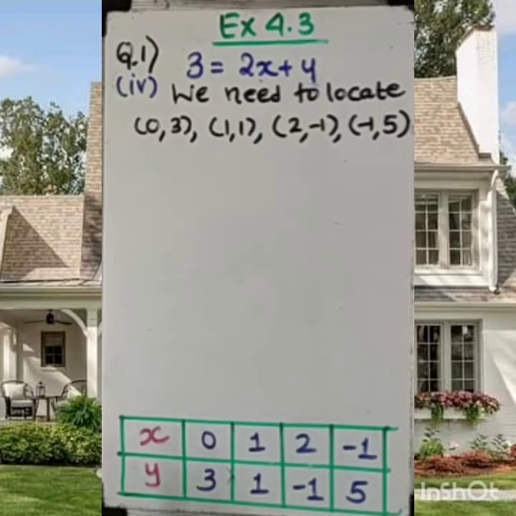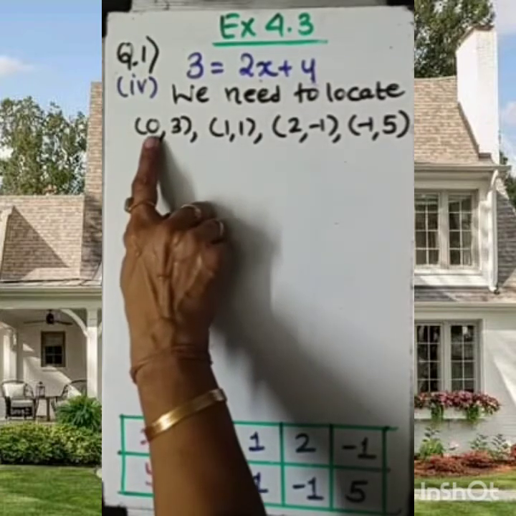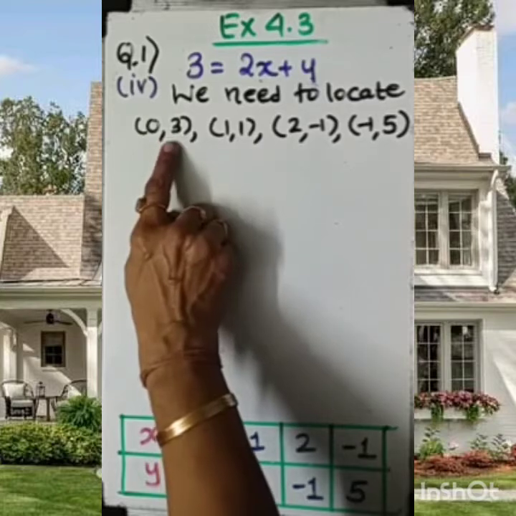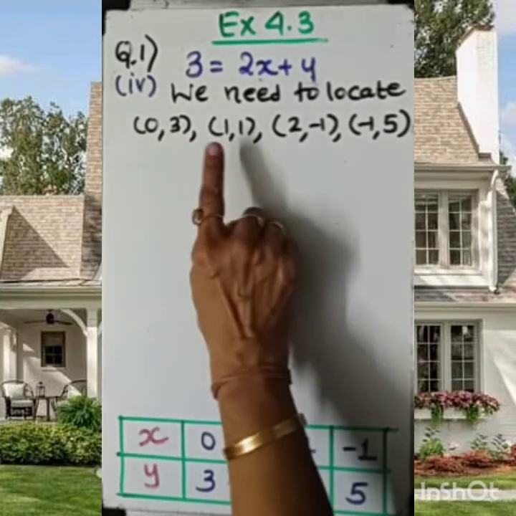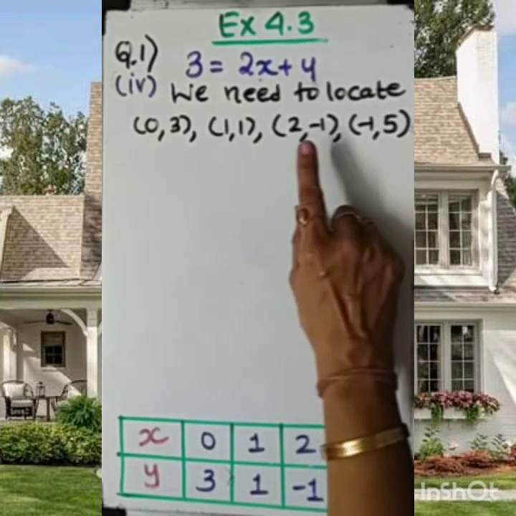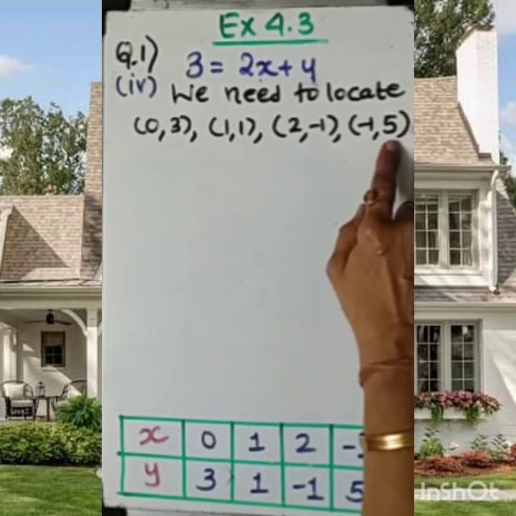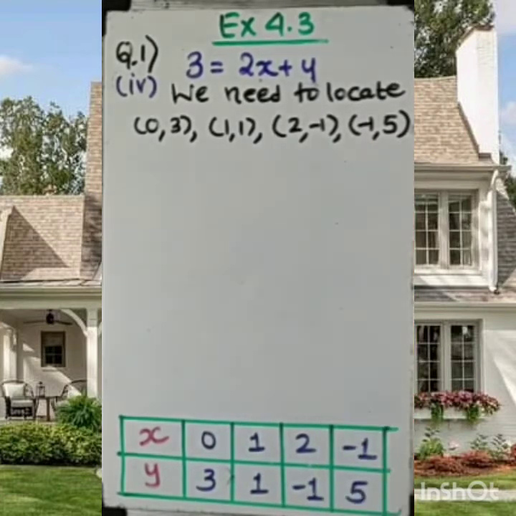So dear student, here 0 is connected with which axis? X axis. So this point must lie on the y axis. 1, 1 is in the first quadrant, plus minus, you know very well, fourth quadrant, and minus plus must lie in the second quadrant. So keeping these things in our mind, we need to start drawing the graph.